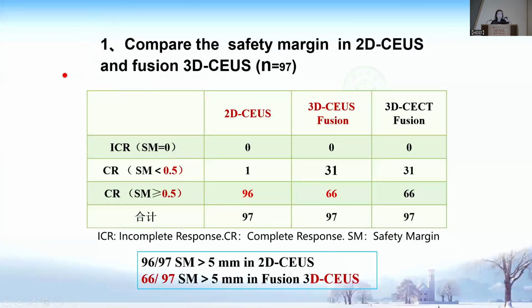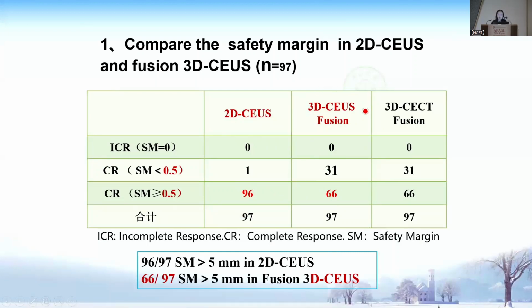First, we compared the safety margin in 2D and 3D fusion images. In total, of 97 patients, 96 patients were judged as complete ablation by the 2D CEUS, but by the 3D contrast fusion, it's only 16 patients, so it's quite different between the two groups.